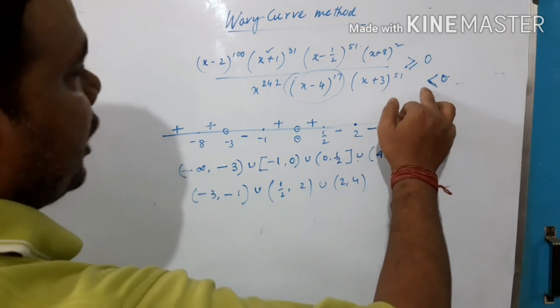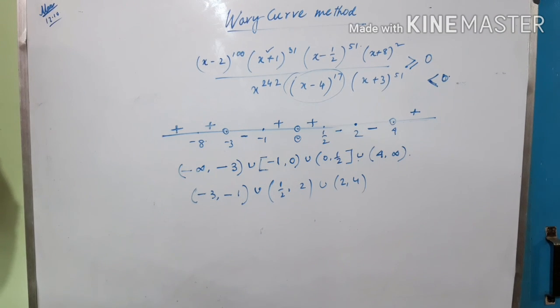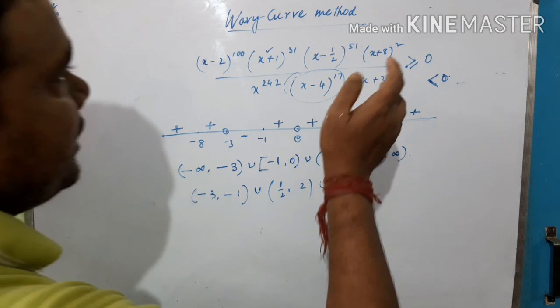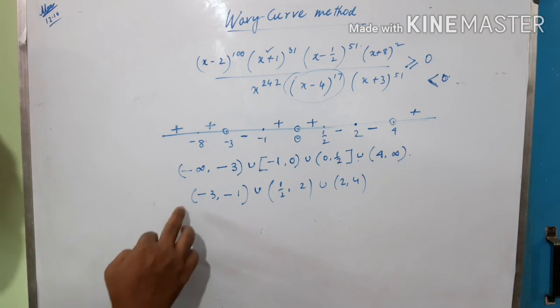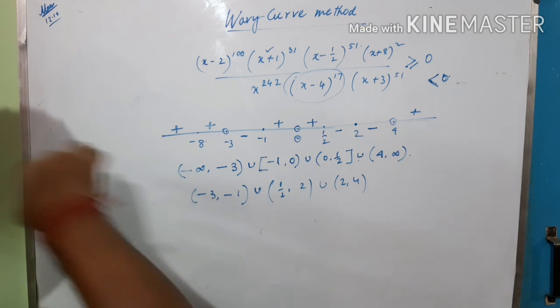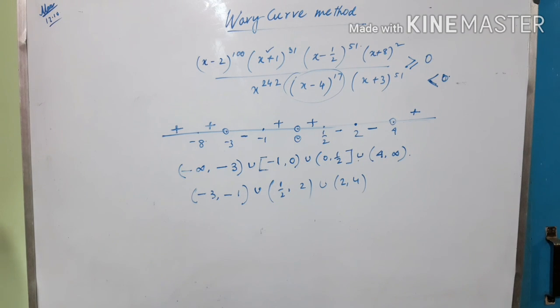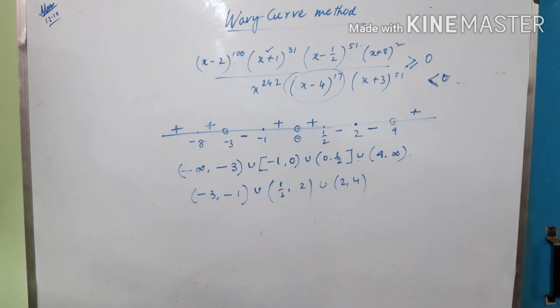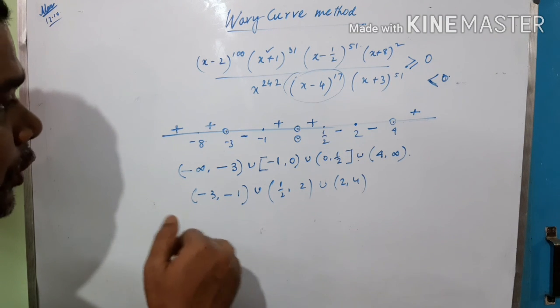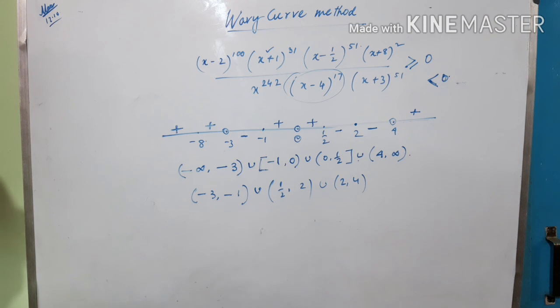But see that here we are not allowing the value of the expression to be 0. So when we are not allowing the value of the expression to be 0, that is we are not writing greater than or equal to or less than or equal to, every interval is to be denoted by an open bracket. And if it is greater than or equal to 0, then only we consider whether we should put a close bracket or an open bracket.